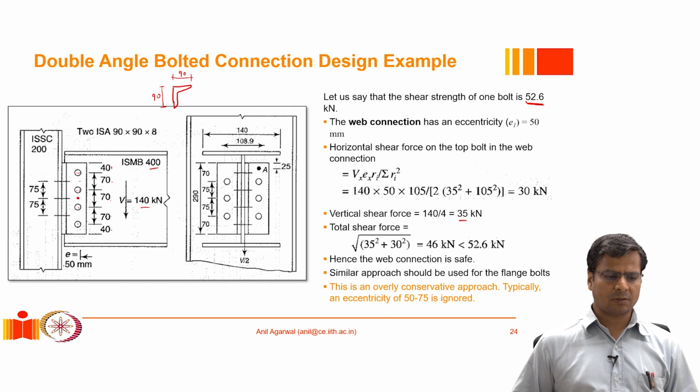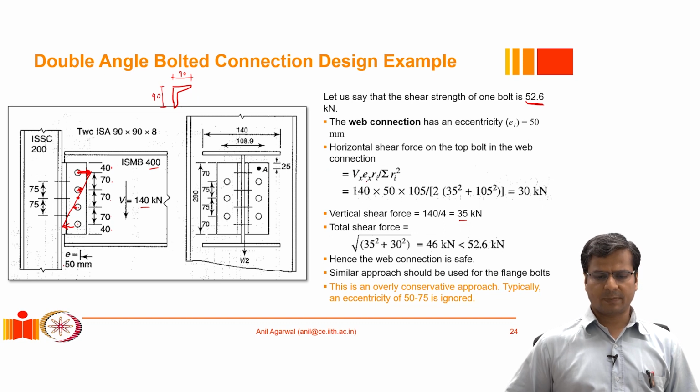The neutral axis of this bolt group will be somewhere here, and we can calculate how much additional force will be present in each bolt, like so. The bolts which are the farthest will be contributing more towards resisting the moment, and their contribution will be proportional to their distance squared from the centroid.